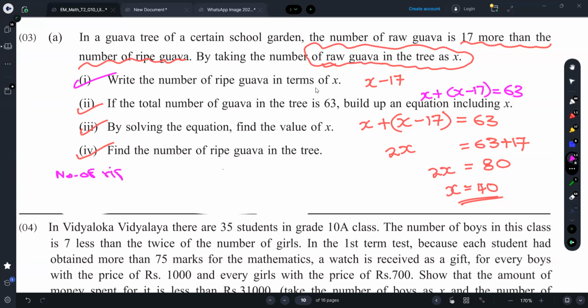Number of ripe guavas is X minus 17. When X is 40, 40 minus 17 equals 23.